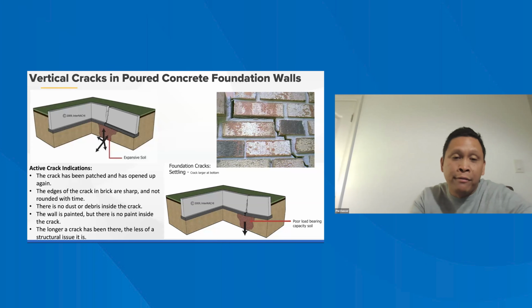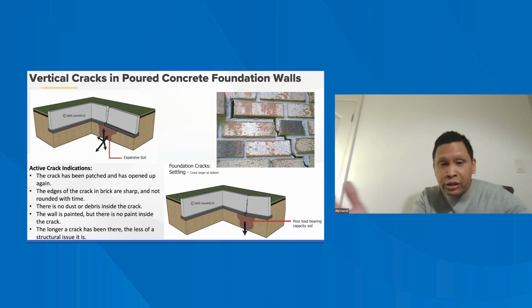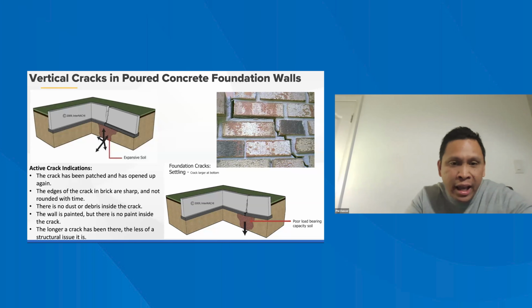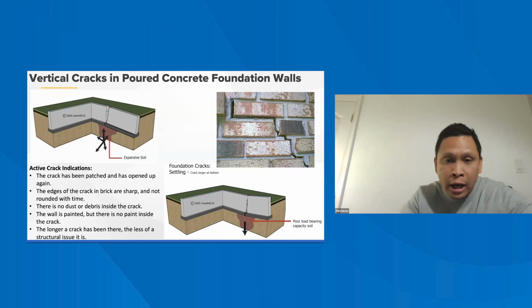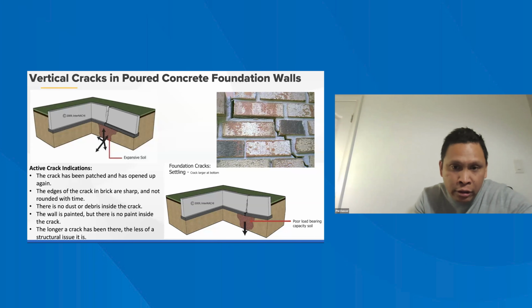A crack that forms a V shape, so a V shaped crack, may indicate heaving. So that's where the ground starts to move upwards. In the illustration here, top left diagram, you can see that the crack shows a V shape opening in the foundation wall, indicating heaving.